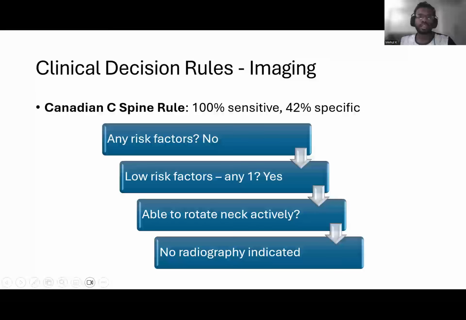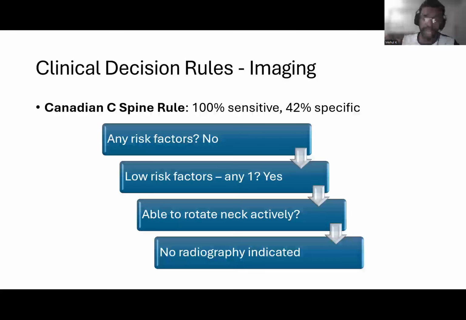So there is another criteria called the Canadian C-spine rule, which is a little bit more specific compared to your NEXUS. Basically, the construct of this rule is that first you look for any risk factors. If you have risk factors, you do imaging. If you don't have risk factors, then you look for any low risk factors, things that make it unlikely that the patient is going to have any serious injuries.